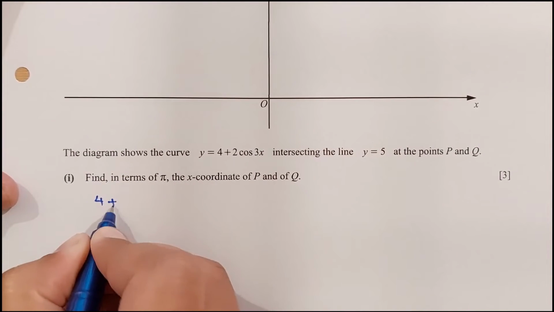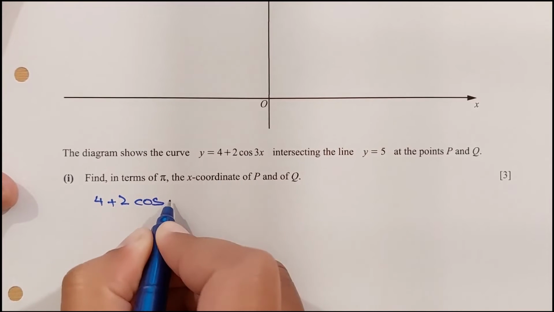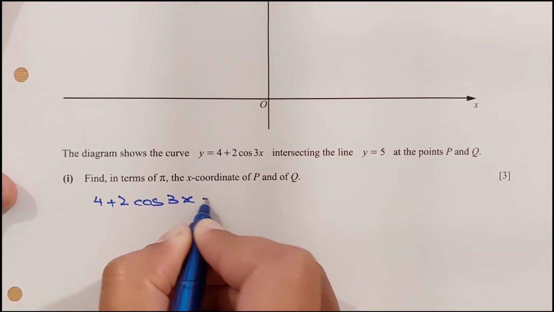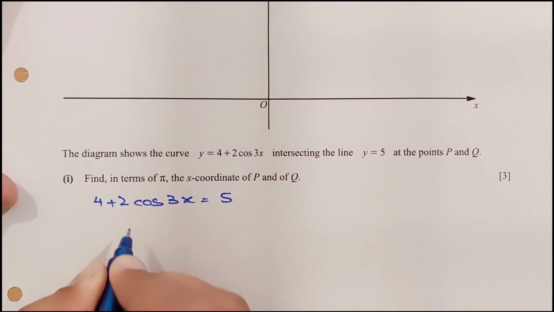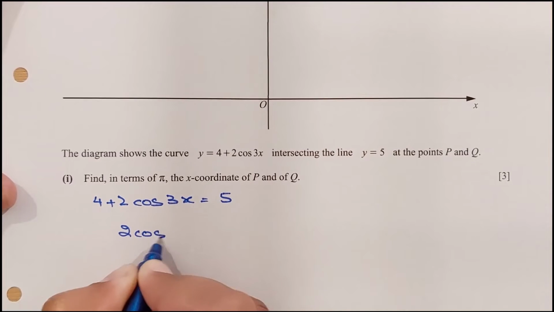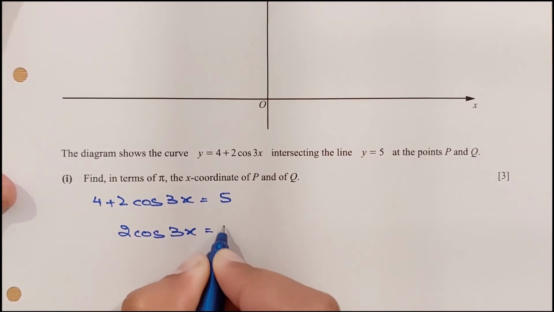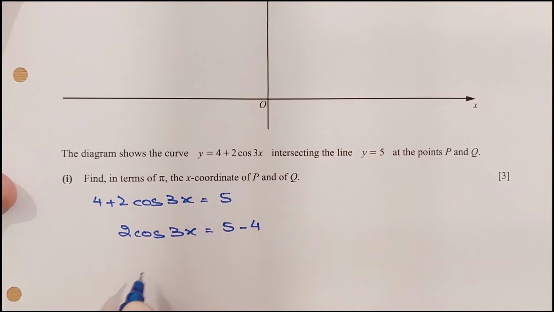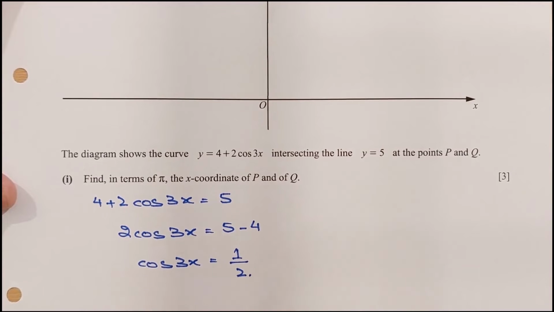So we have to find the points of intersection by putting the curve equal to the line. So 4 plus 2 cos 3x equals 5, right? So 2 cos 3x equals 5 minus 4. So cos 3x equals 5 minus 4, which is 1 divided by 2.